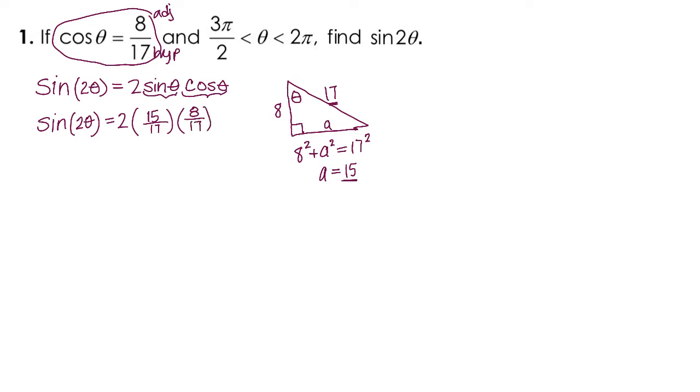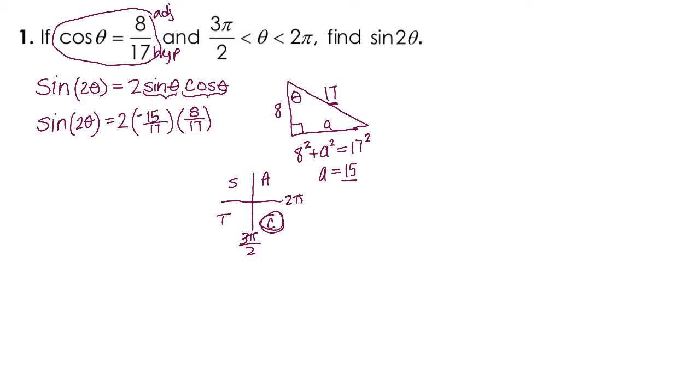Now we have to look to see, well, what's positive, what's negative. We're between 3 pi over 2 and 2 pi. And remember, all students take calculus. And so remember, cosine's positive down here, but sine is not.